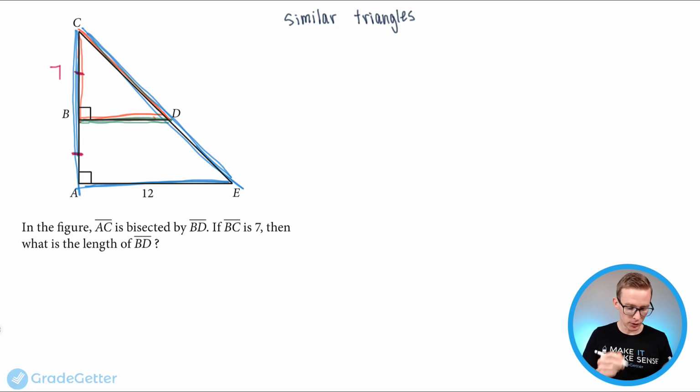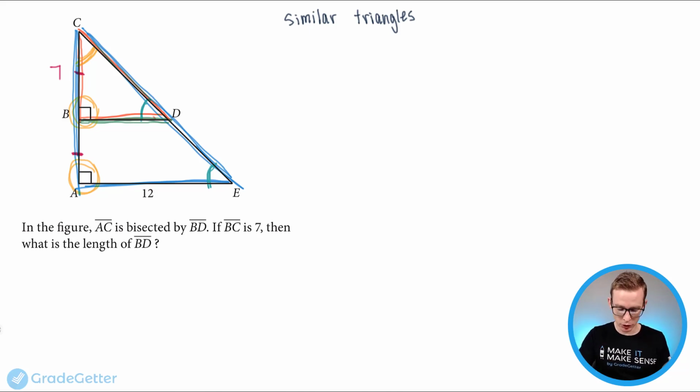Now these triangles are similar because they have the same angles, right? Both of these triangles share angle C. Both of these triangles also have a 90-degree angle here, which means that this third angle, D and E, are congruent, or they're the same value.